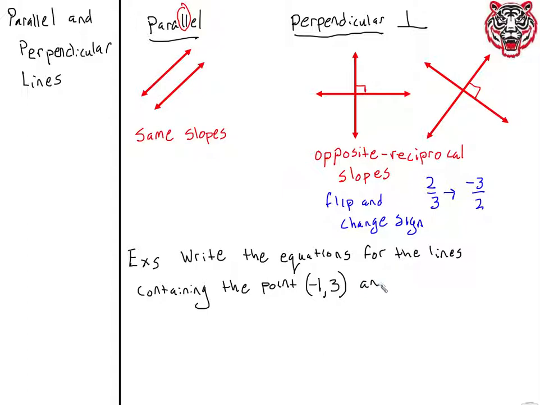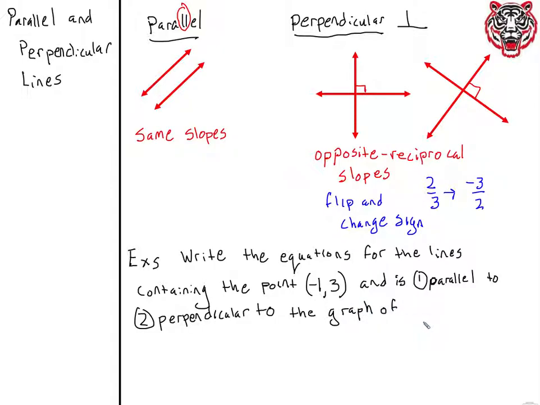The first problem is going to be parallel, and then number 2 is going to be perpendicular to the graph of y equals -2x plus 4. All right, you may begin.